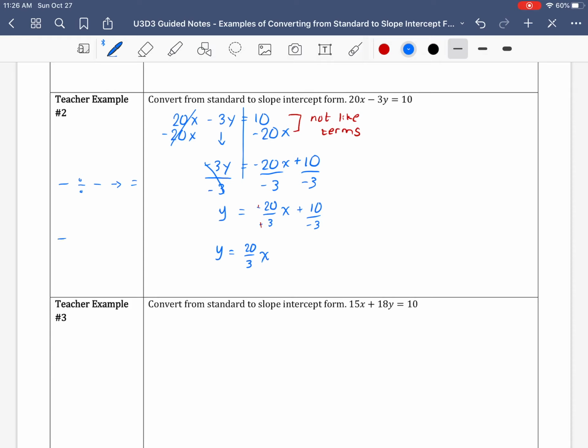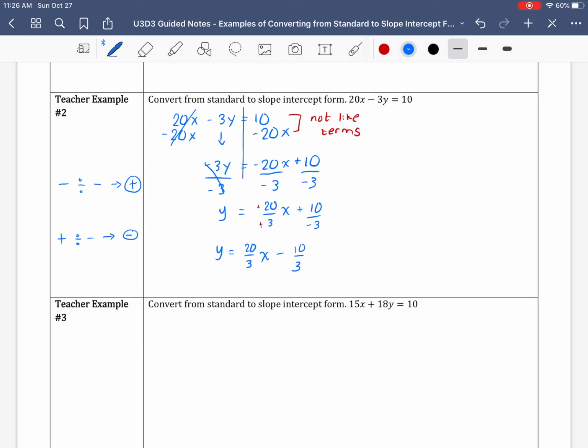We also know that when you do a positive number divided by a negative number, your result is a negative number. So here we're going to do minus 10 over 3.